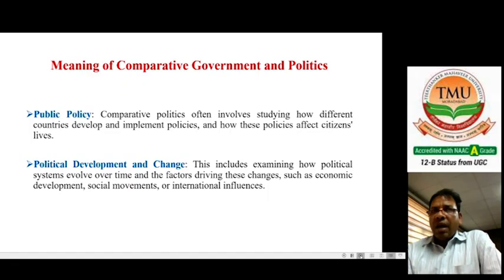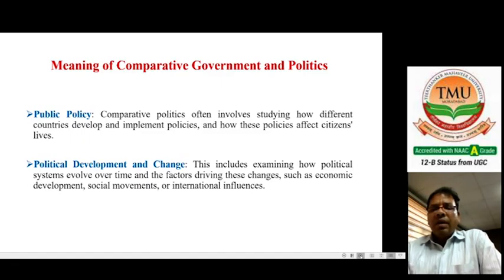But which policy has had a major societal impact? So in comparative government and politics, we can select a case study, we can take a regime period, we can also take a period in a different kind of historical context. So these are the important meanings of comparative government and politics.